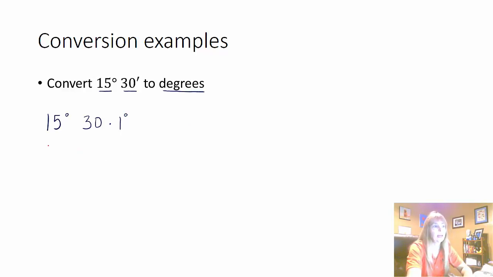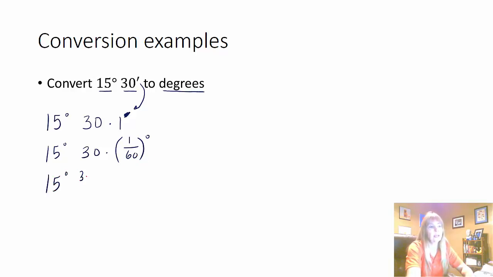Well, then if I go back and look at that previous slide, we said that 1 minute is the same as 1/60th of a degree. My mistake, sorry, got to match that. So 1 minute is the same as 1/60th of a degree. Well, now everything's in degrees, so I can just simply multiply this straight across, which is 15 degrees, and that's 1/2. So 15.5 degrees would be my answer.